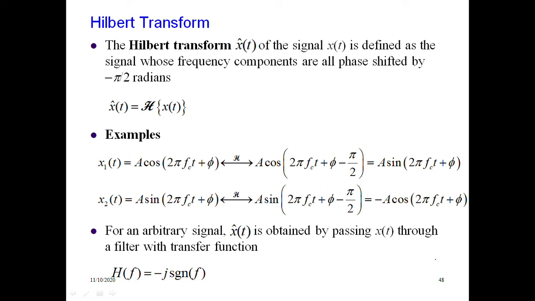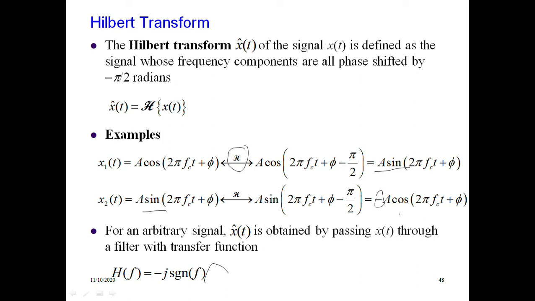So what is the Hilbert transform? The Hilbert transform is the signal shifted by minus pi over 2. So when you Hilbert a cos, it becomes sine. When you Hilbert a sine, it becomes minus cos.